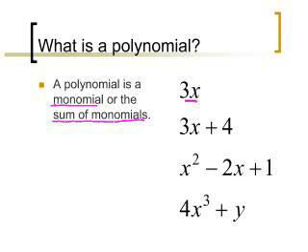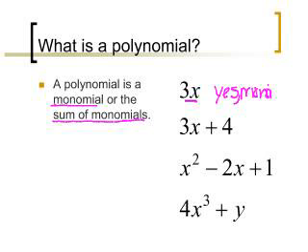So yes, this first term here, the 3x, is a polynomial, but because it only has one term in it, it's also referred to as a monomial. So it's both a polynomial and a monomial.